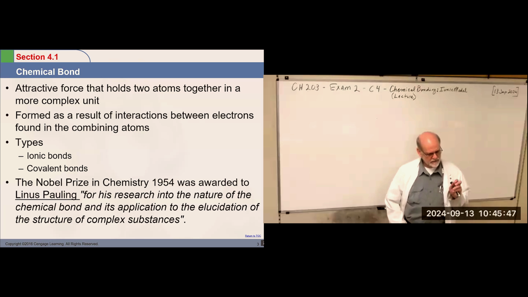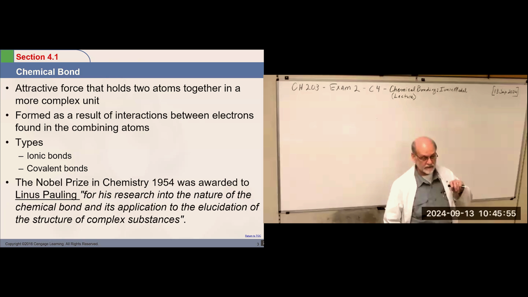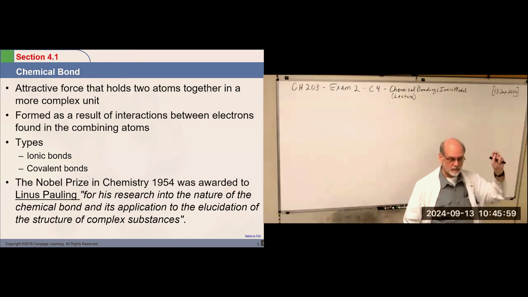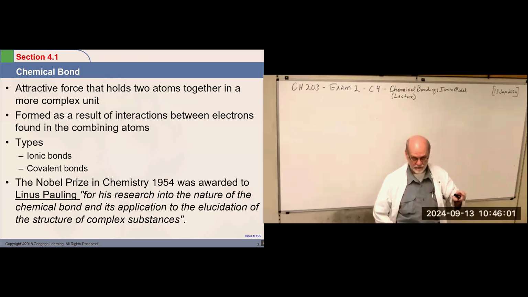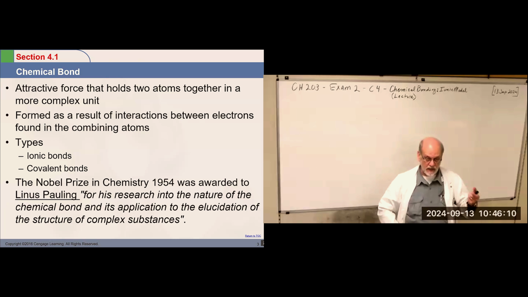It's just that simple. Covalent bonds are a little more difficult to describe because they involve sharing electrons. Now, ionic bonds form between metals and nonmetals, right? You know the periodic table. Metals are on the left, nonmetals are on the right. So between metals and nonmetals, you get ionic bonds as a broad category. Covalent bonds occur between nonmetals and nonmetals.